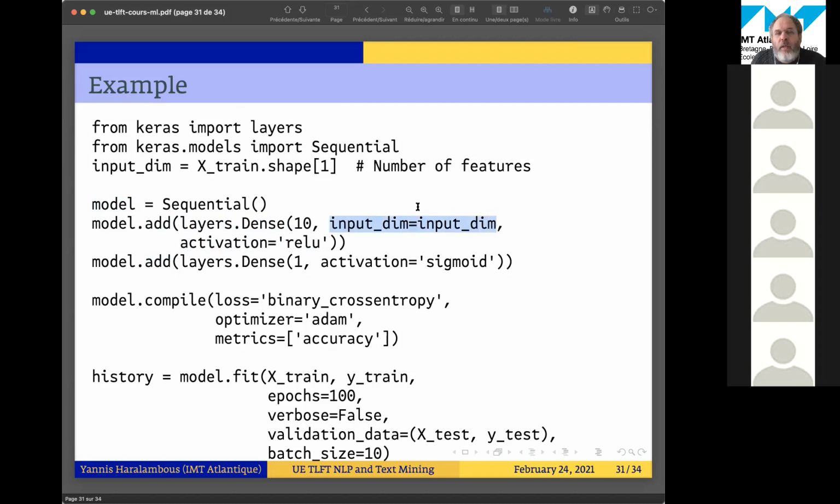which is the input layer with an input dimension equal to what? To the shape of X train. So X train is a matrix where rows are individuals, so documents, sentences, if you want, and columns are vectors of my bag of words. Here I'm taking the second dimension. So I need the size of the bag of words vector.